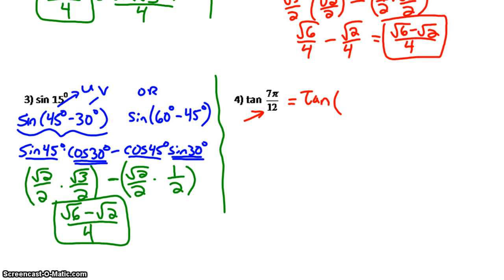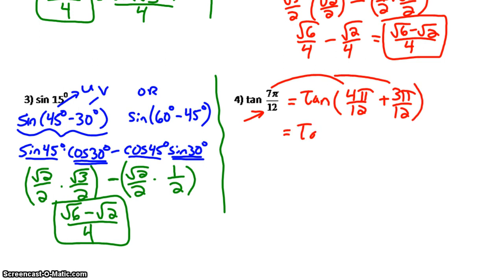I'm going to use my 4 pi over 12, and to that I'm going to add 3 pi over 12, because I'm looking to get this 7, and simply a 4 plus a 3 will do that for me. Now this isn't my final form of this identity. I'm going to simplify it and, of course, get my tan of pi over 4 plus pi over 3.